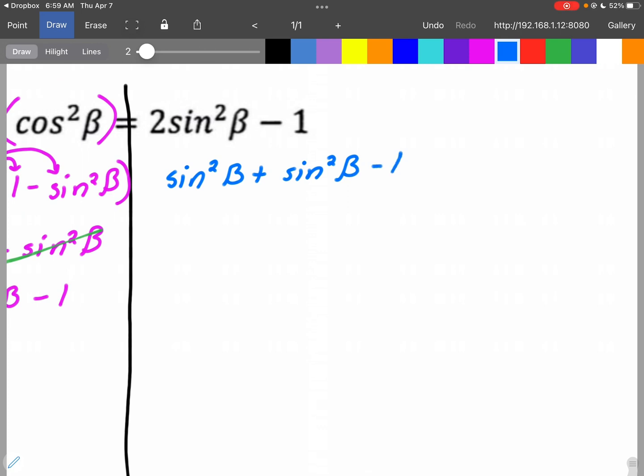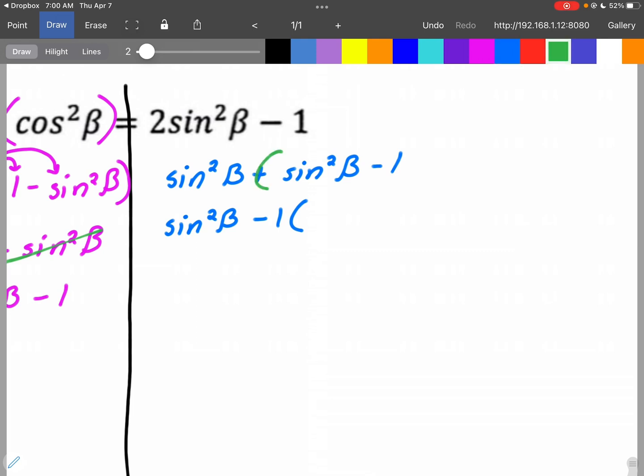Then I would have to think, okay, sine squared beta -1, that's almost a Pythagorean identity, but the signs are wrong. If I had a negative sine squared beta and a positive 1, then that would be a Pythagorean identity. So what I can do is take my sine squared beta in the beginning and leave it alone, but then factor out a -1 from these 2 terms.